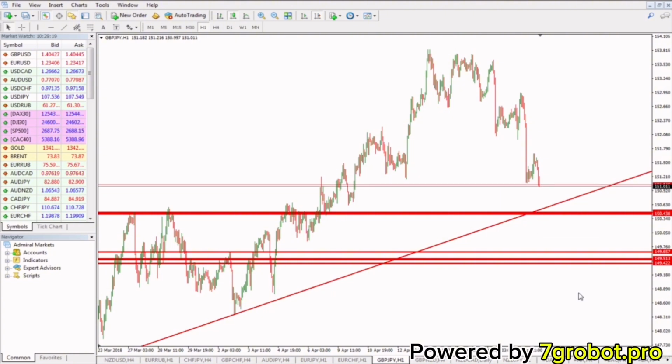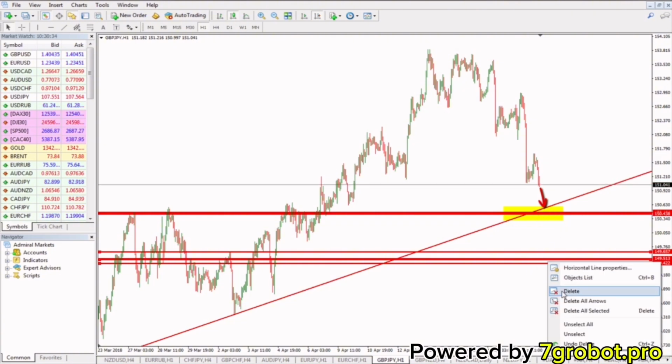What is good for us is that the zone of overlapping of the trend line and the Fibonacci cluster is very close to the current price, and if the price continues to decline, it will strike the double support, the trend line and the Fibonacci cluster. This is another confirmation that it is better to enter the trade in this first zone than in the second. Therefore, I'm going to delete this second zone.